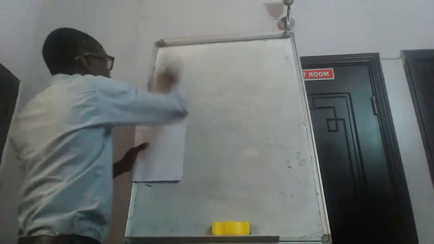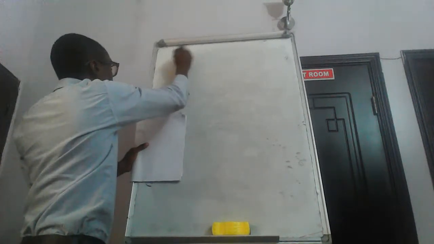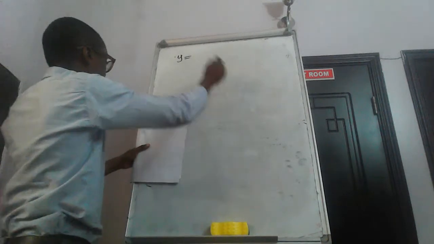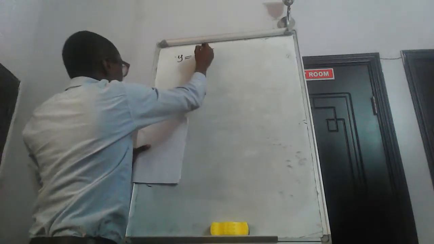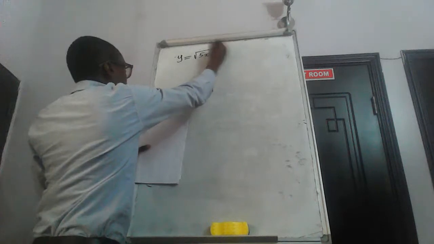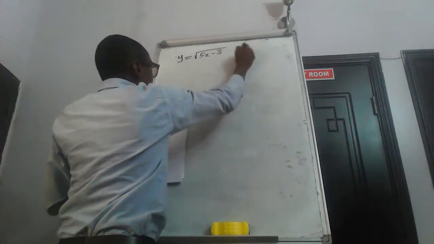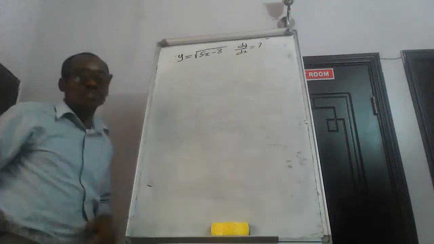So for our last example, if y is equal to root of 5x minus 3, find dy/dx, the derivative of y with respect to x.